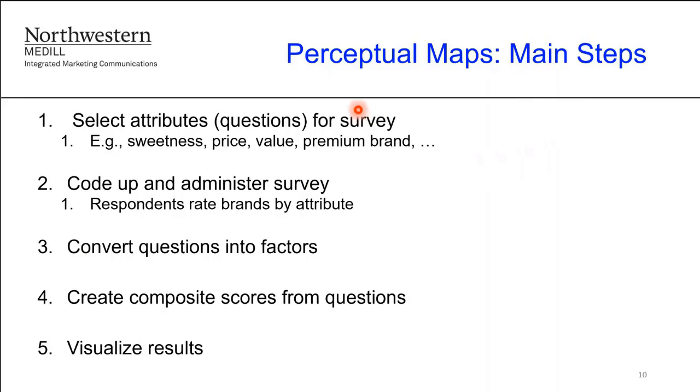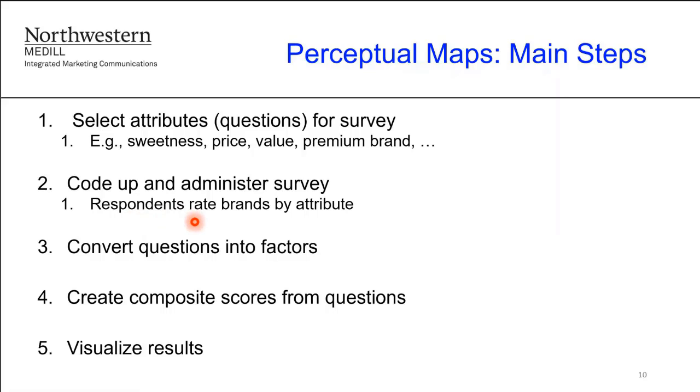This is how to create this perceptual map. There are main steps here. First, you select the attributes or questions for the survey for a certain product, for example, beer. Then you code up and administer the survey.